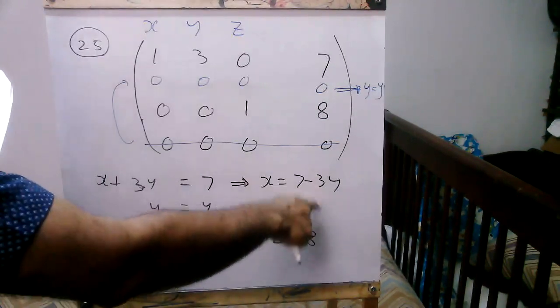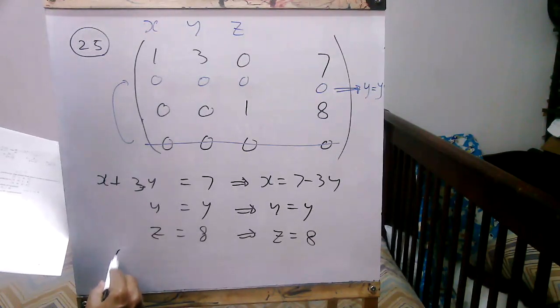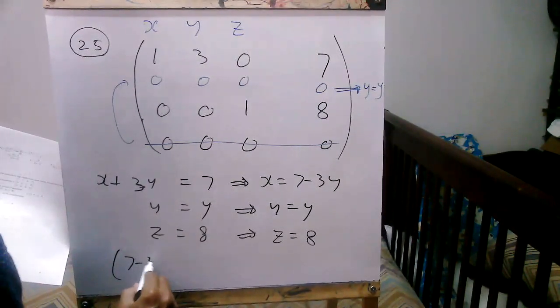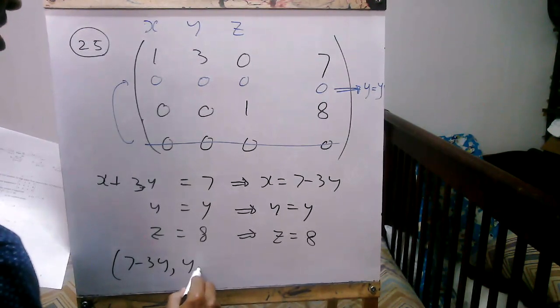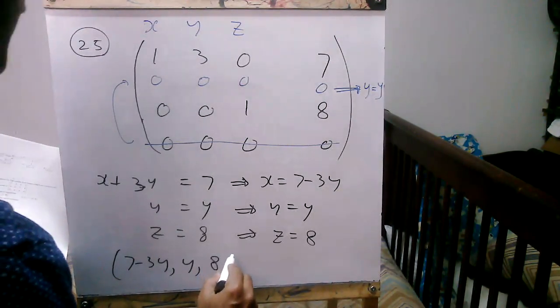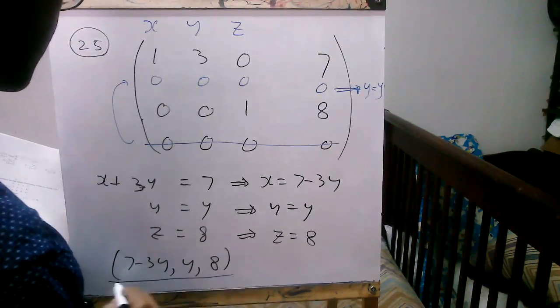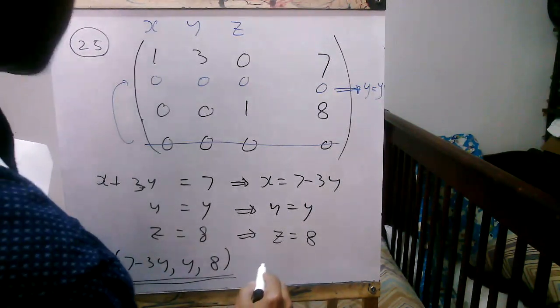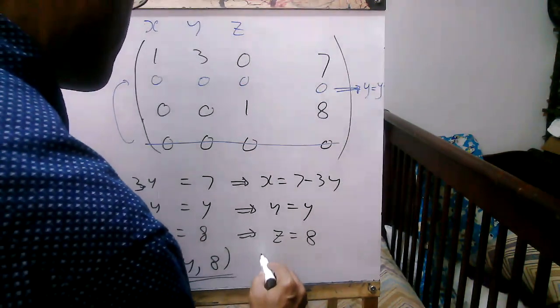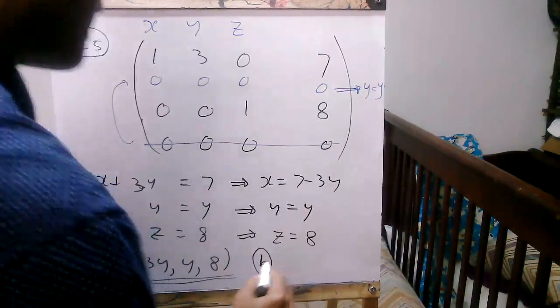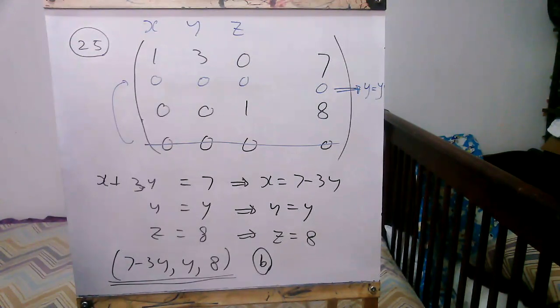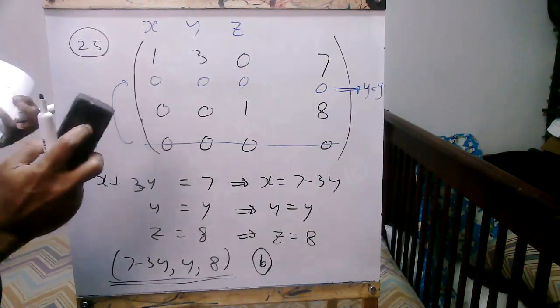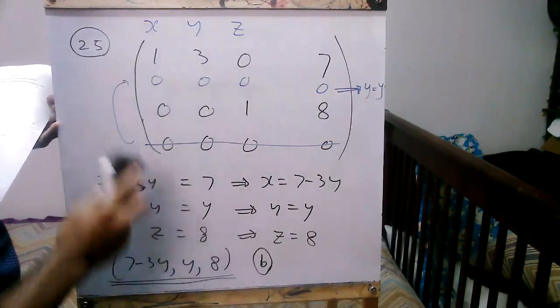So these are the three answers: 7 minus 3y, comma, y, comma, 8. Okay, this is the answer. So the answer choice is B. Right, that's question number 25. And erase this.